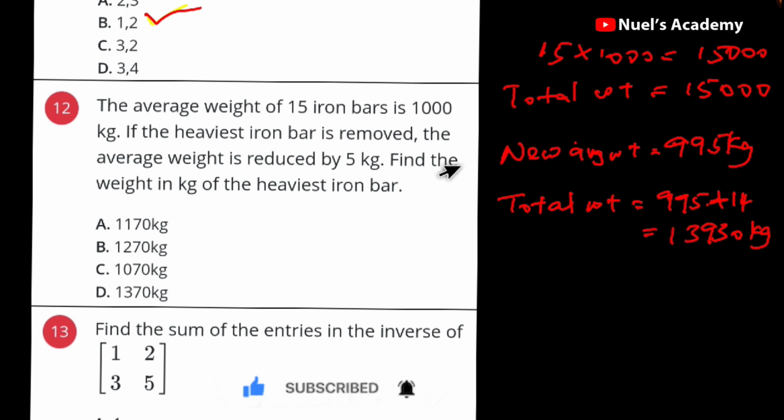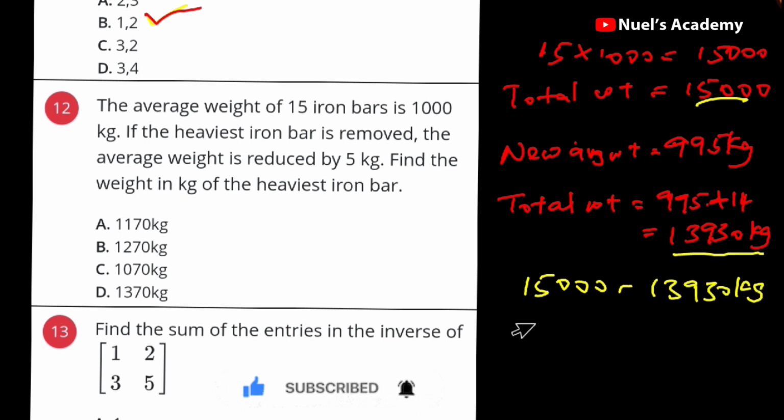Now to find the weight in kilogram of the heaviest bar, we are going to subtract this total weight of 14 bars from total weight of 15 bars. So it's going to be equals to 15,000 minus 13,930 kg. So you can press this one in your calculator. If you press it, the answer is going to be equals to 1070 kilograms.